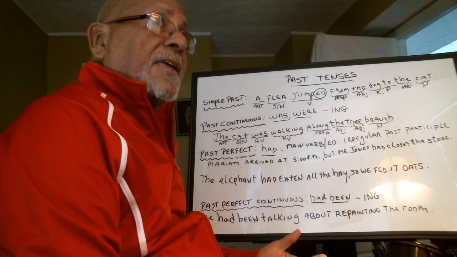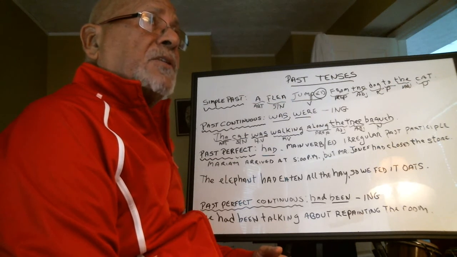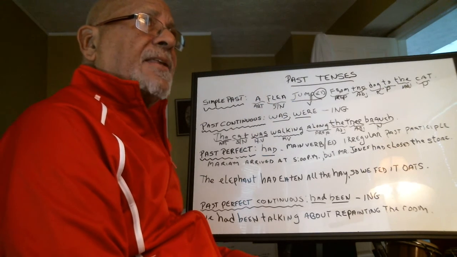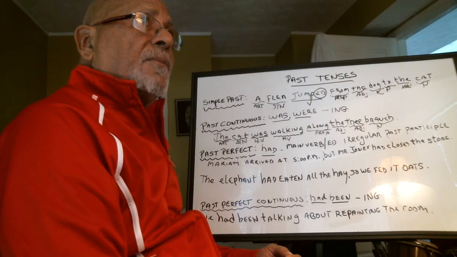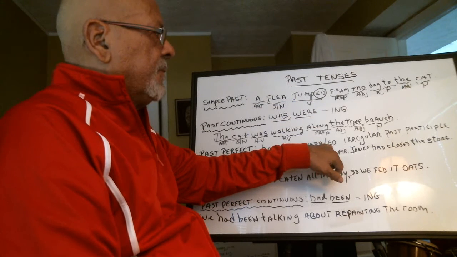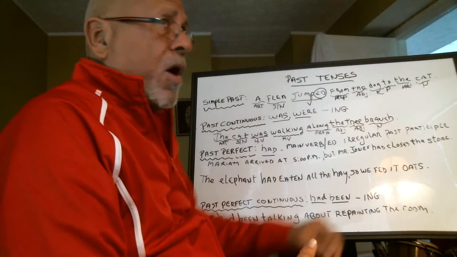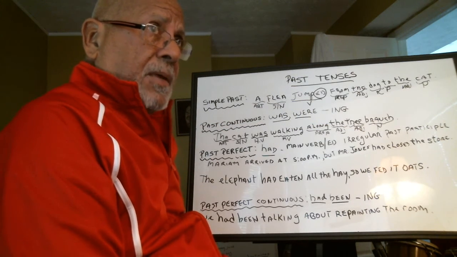So let me say that again. In the past perfect tense, one helping verb, had, H-A-D. If the verb is regular, the main verb will end in ed. If the verb is irregular, it's going to be the past participle. The main verb will be in the past participle.